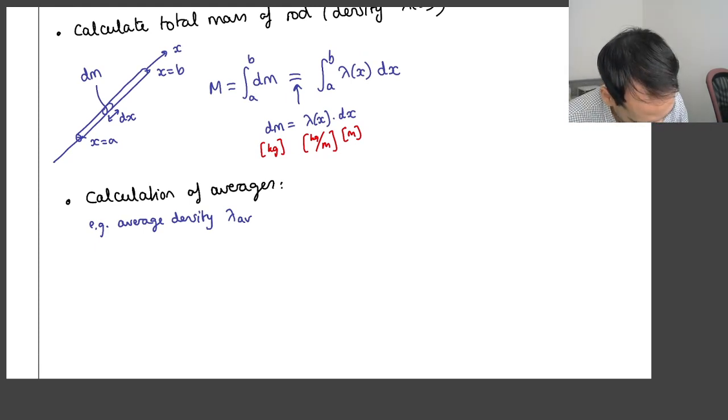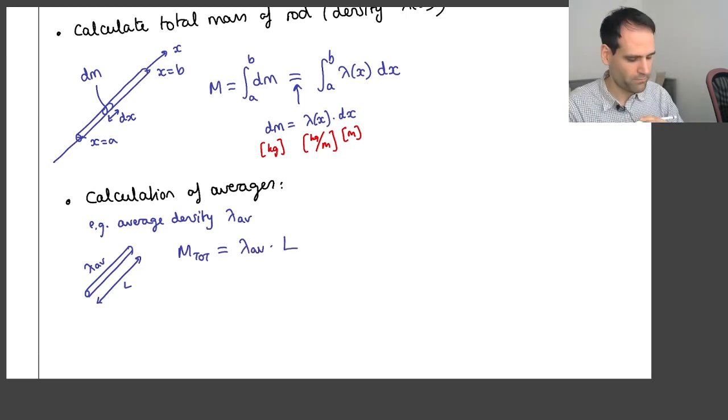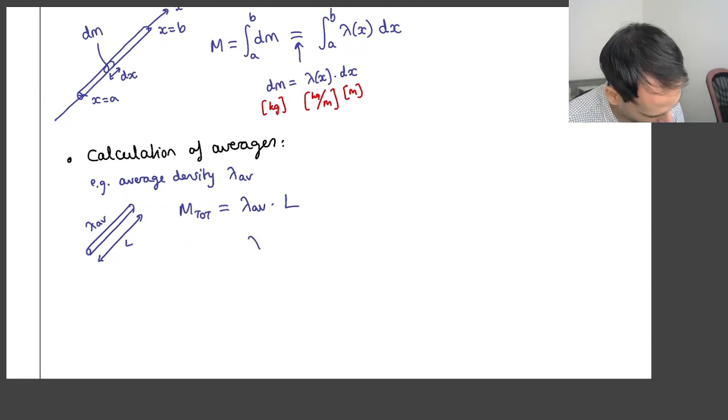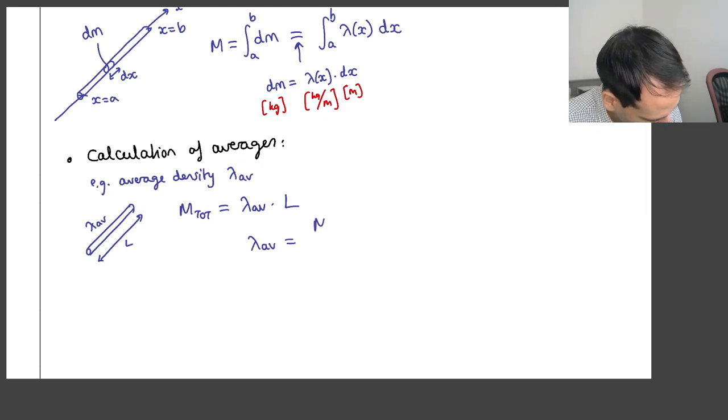If we had a rod with constant average density and we want to calculate the total mass, the total mass of the rod is equal to the average density times the total length of the rod. In other words, the average density must be a constant equal to the total mass divided by the total length.